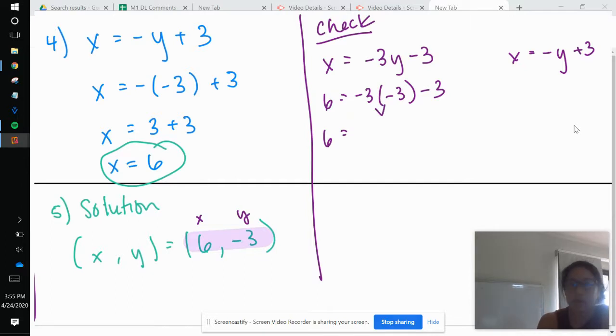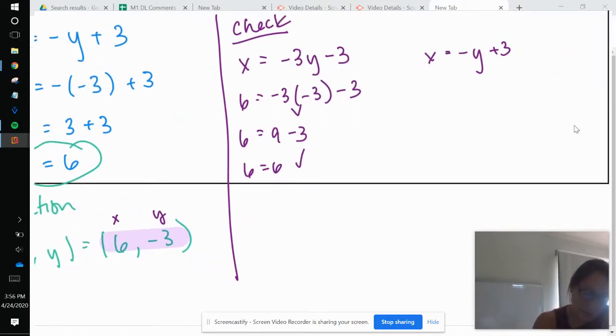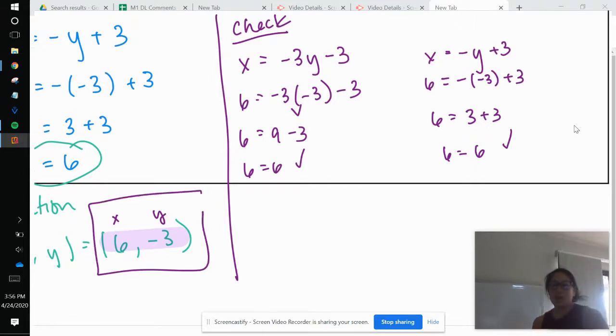Negative 3 times negative 3 gives me 9 minus 3, so I get 6 is equal to 6. Verified. Next equation, 6 is equal to negative of negative 3 plus 3, so 6 is equal to positive 3 plus 3, which is 6 is equal to 6. Verified. So our solution is the ordered pair 6, negative 3, meaning the two lines cross at 6, negative 3.